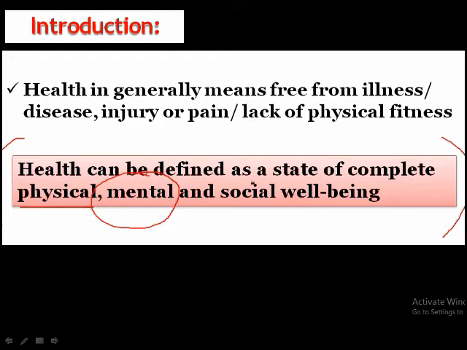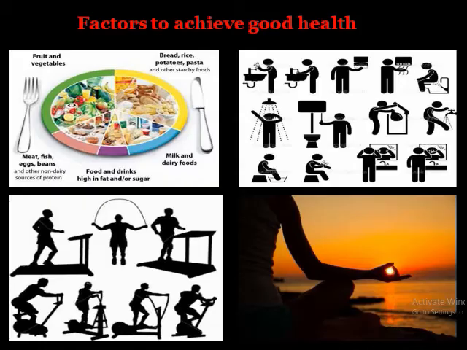Social means how we behave with the people in our locality, what we discuss, what we tell. All three combine to define health as a state of complete physical, mental and social well-being.